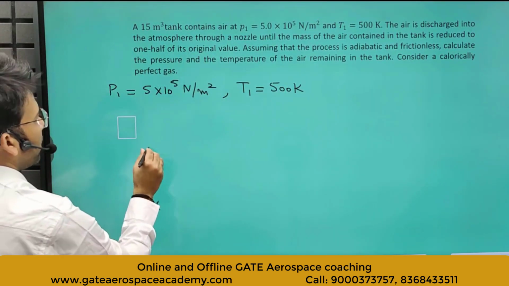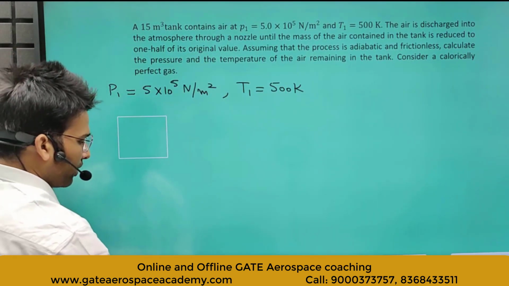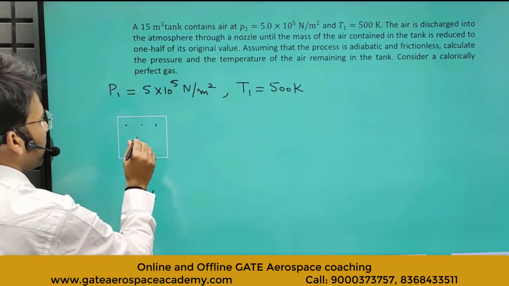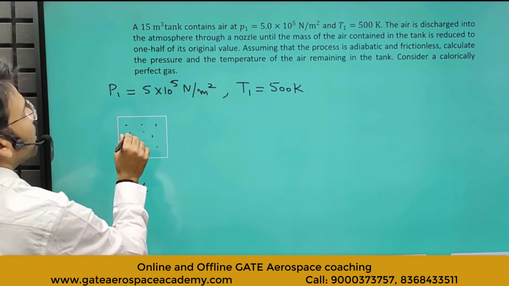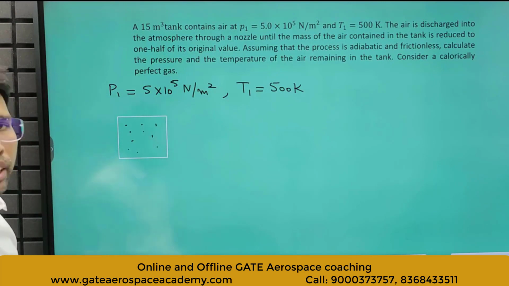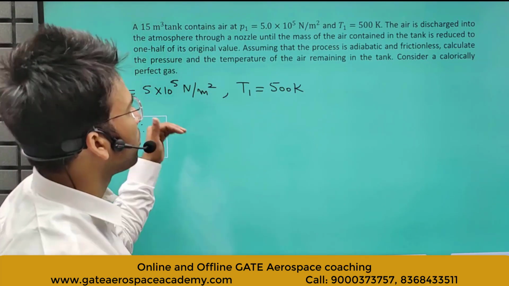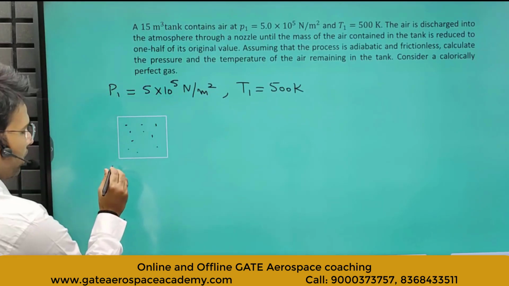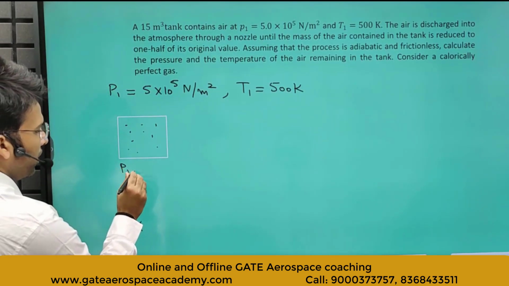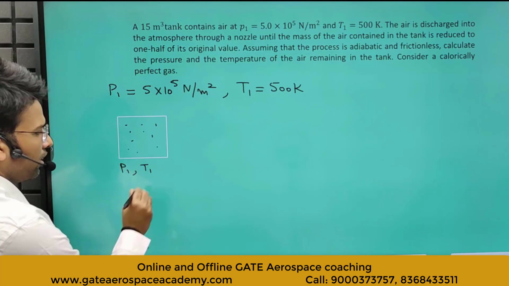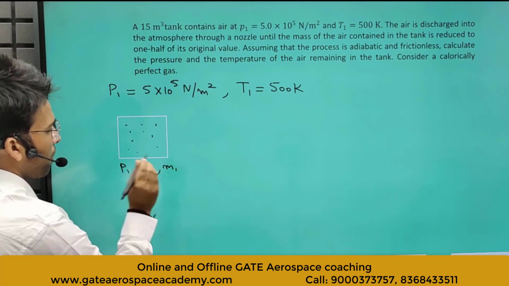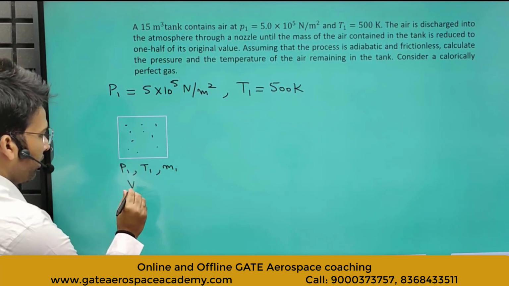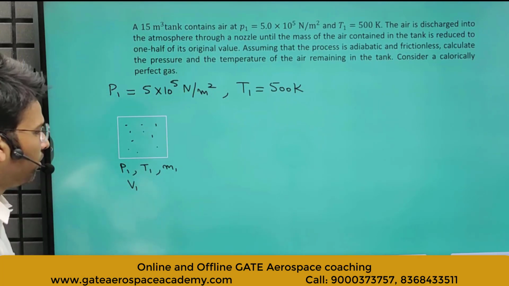We have tank. In this, we have air, right? So half of the gas is getting discharged, right? So here we have state 1, P1, T1, M1, capital V, volume V1.